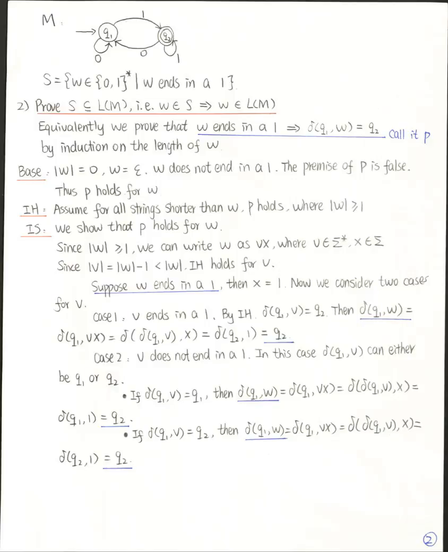Equivalently, that means if W ends in a 1, that means W is in S. Then, if I start from Q1, the start state, and consume the whole string W, the machine should end in Q2, an accept state. That means this W is in LM. Let's call this property P. And we want to prove this property by induction on the length of W.